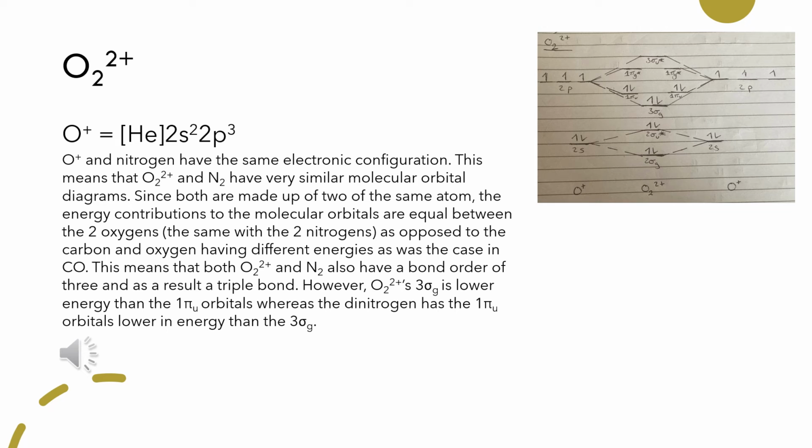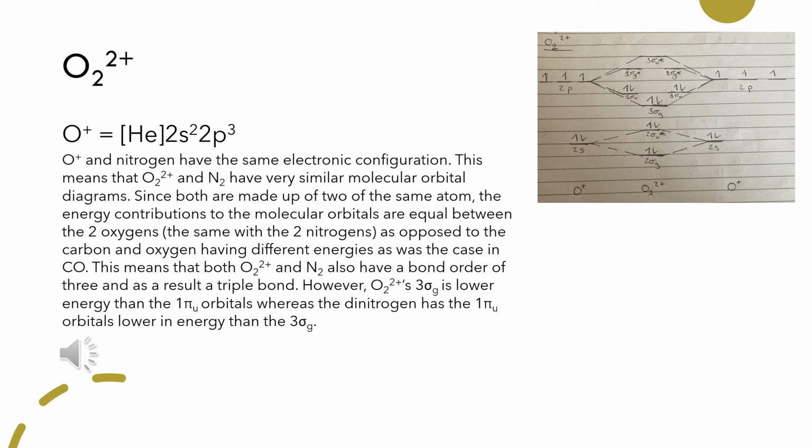They are lower in energy because the energy gap between the 2s and 2p subshells in nitrogen is low enough that the 2s and 2pz orbitals overlap, as they are both in the same plane. This causes the energy of the 3 sigma, which is the 2pz bonding orbital, to increase above the energy of the two 1 pi orbitals, which are the 2px and 2py orbitals.